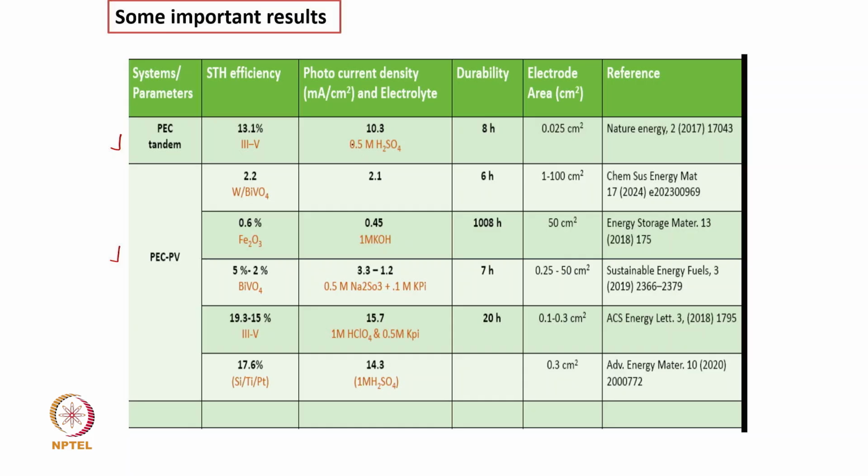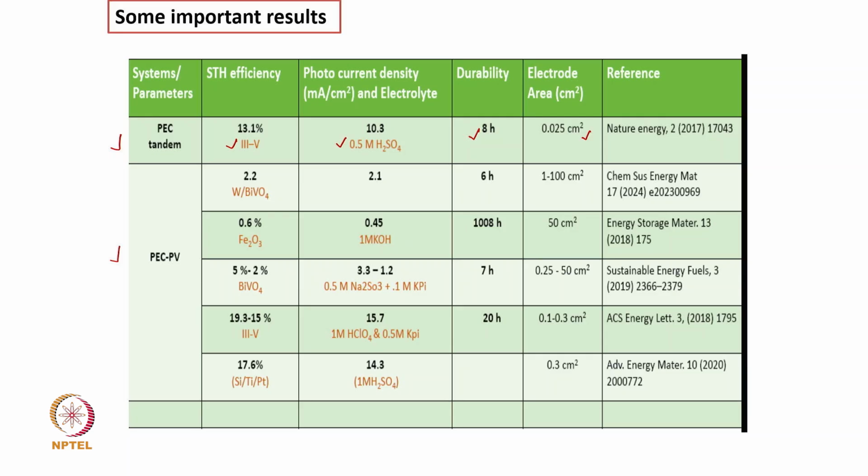This is a typical photocurrent density, and you also have to check the durability. The durability is 8 hours, and this is a typical electrode area in a PEC water splitting system.